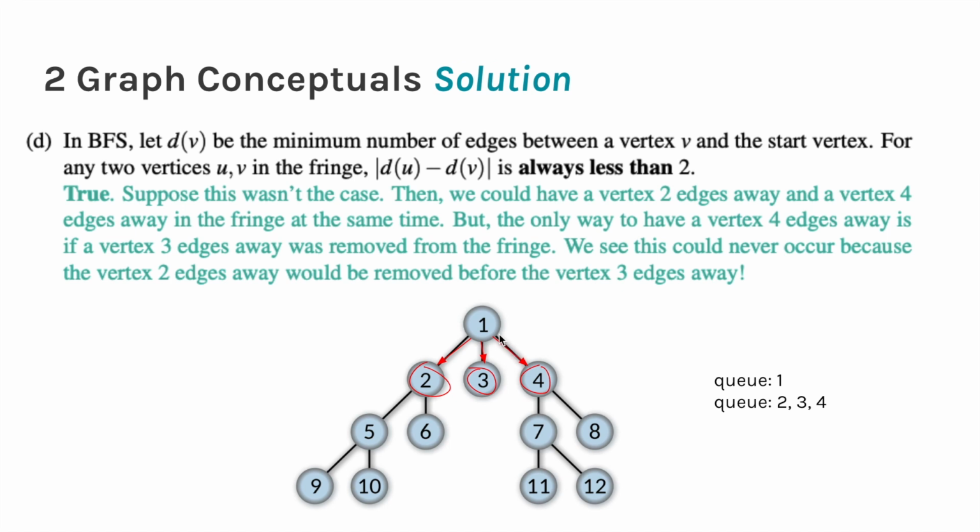I start with a queue, the starting vertex is 1, and I pop that 1 off the queue and look at all the children of 1, so that's 2, 3, 4. Now my queue is 2, 3, 4, right? All the values on the queue are the same distance away from the start vertex. In fact, the difference between the distances of any 2 vertices in the fringe is 0.